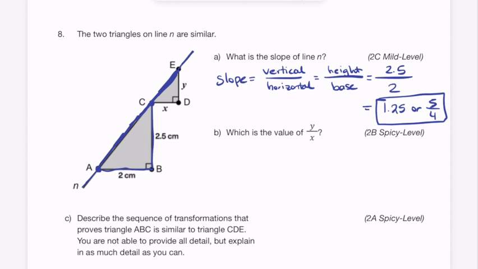So again here, this is trying to bring all these ideas together conceptually. These are similar triangles. If they're similar, then the quotients of the corresponding side lengths are equal, or the same.